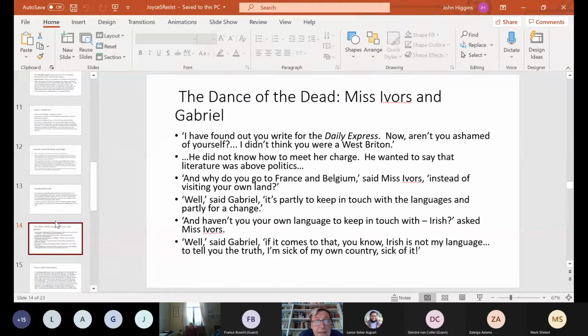And this is in the encounter between another nationalist young person, Miss Ivors, and another kind of avatar of Joyce, Gabriel, in the story. In the story, Miss Ivors dances with Gabriel, and while they're dancing, she puts some stern questions to him.